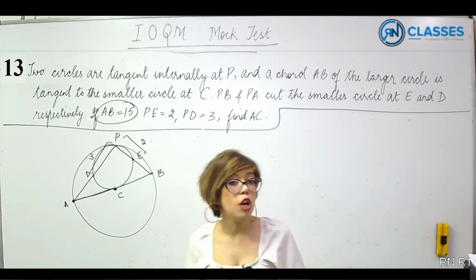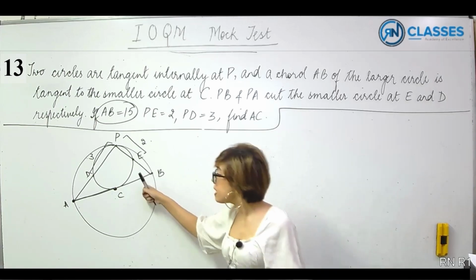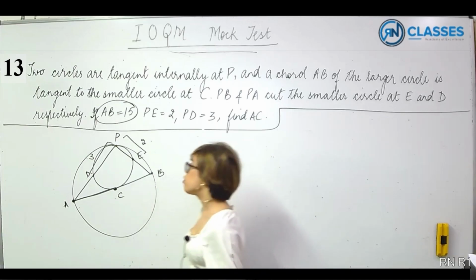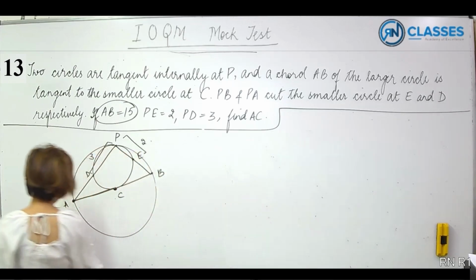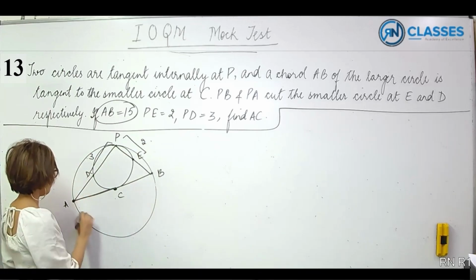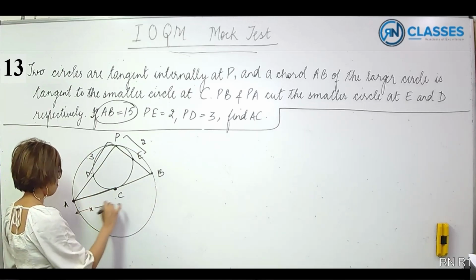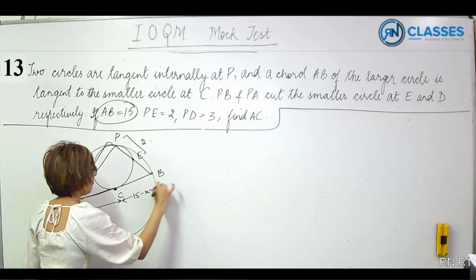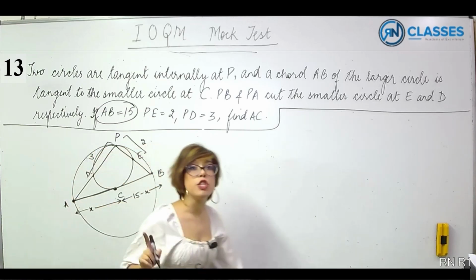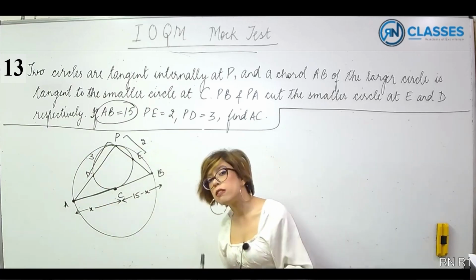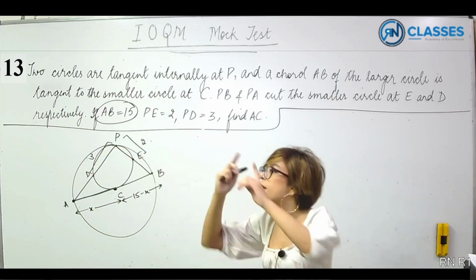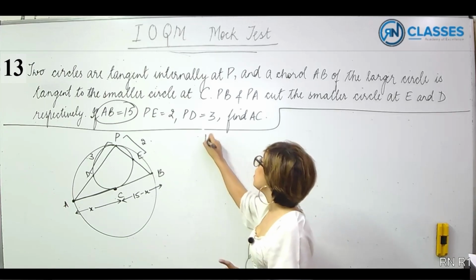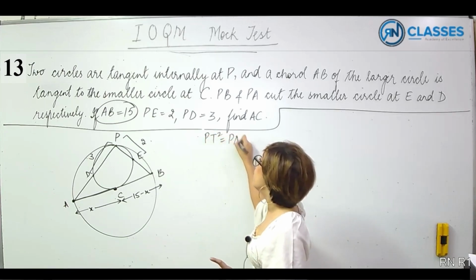If the first approach was not working, if I was not able to find BC, then maybe I can find this ratio. So, let AC be X. Obviously, this becomes 15 minus X. Now, in this question, we have tangents and we have secants. Obviously, we can use PT square is equal to PA into PD.